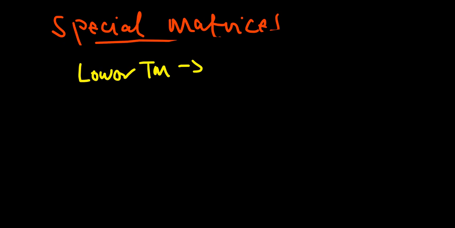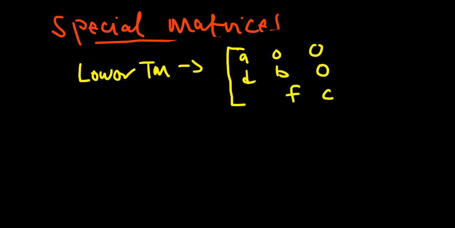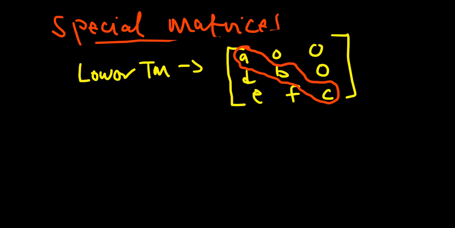So let me write an example here. If I have A here, and then 0 0, and then I have D there, and here let's say B 0, and then at the end there I have C, and then F, and then E there. We see that in this matrix that I've drawn, all the entries above this main diagonal, this is the main diagonal here, are zeros.